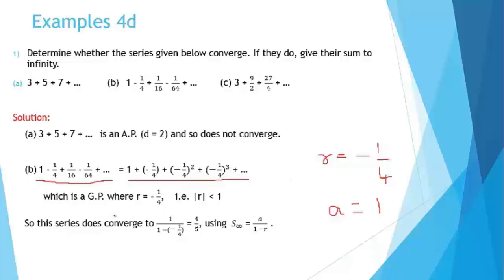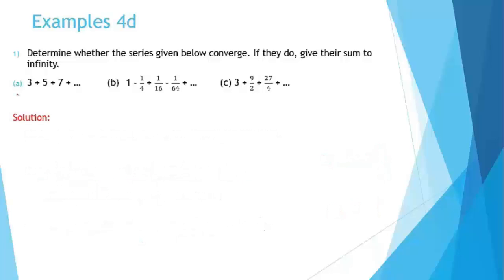So this is a geometric progression where r equals negative 1 quarter, so the modulus of the common ratio is less than 1. Which means there is a finite value for the sum of the terms in this geometric progression. So the series does converge to a over 1 take away r, where we substitute the values. So we get 1 over 1 take away negative 1 quarter, which equals 4 over 5.